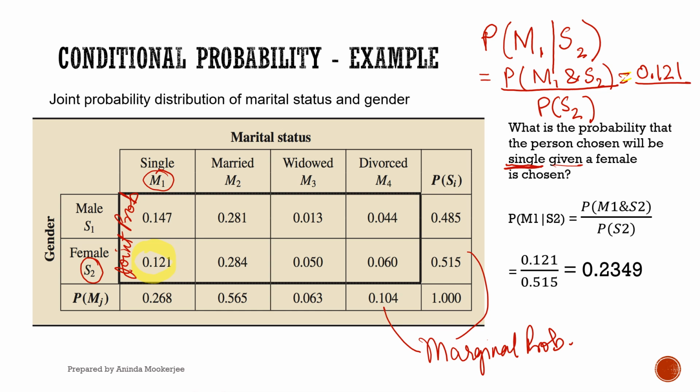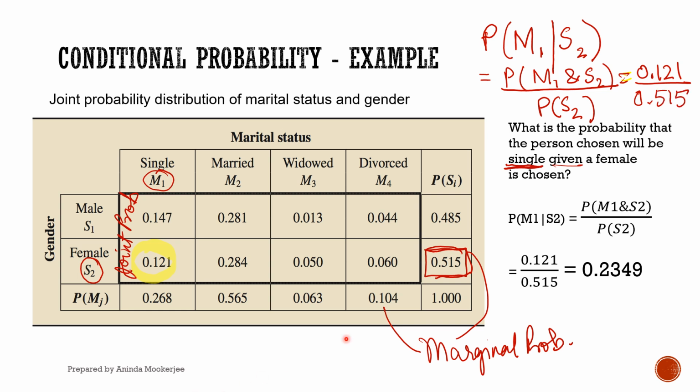And the probability of selecting a female, the probability of S2, is a single variable. We are just talking about the gender, the probability of finding someone who is a female. That's 0.515. For that, we have to pick out the marginal value, 0.515.